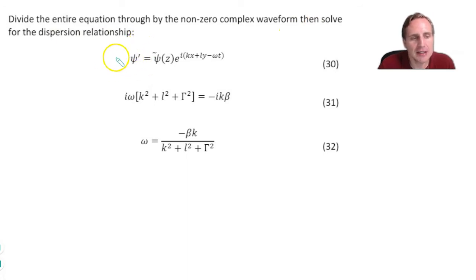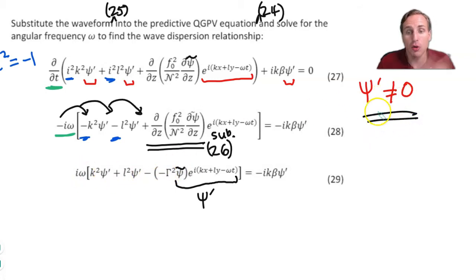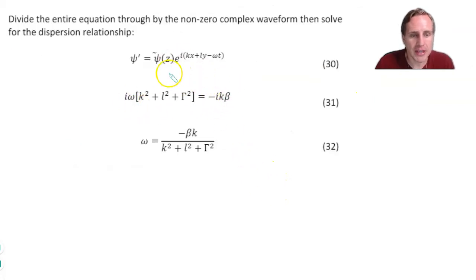So psi tilde times a complex exponential is just psi prime. And remember, psi prime has to be not 0. Otherwise, we don't have a wave. So if we divide through by psi prime, since it's not 0 and all the terms have it, you should just get this. So our expression is getting a lot easier.